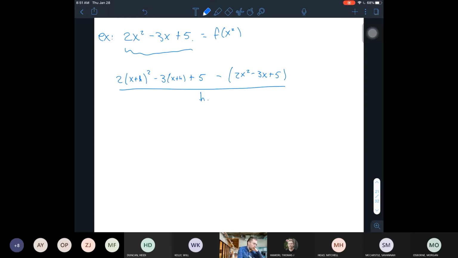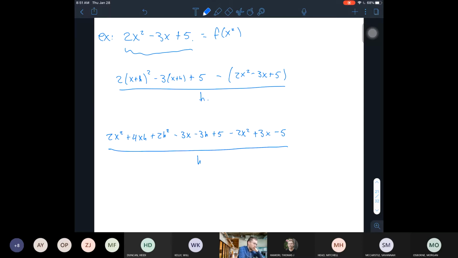So if we distribute everything out and we FOIL, we're going to get 2x squared plus 4xh plus 2h squared minus 3x minus 3h plus 5 minus 2x squared plus 3x minus 5. Okay, so that's what we're going to get. And all divided by h.